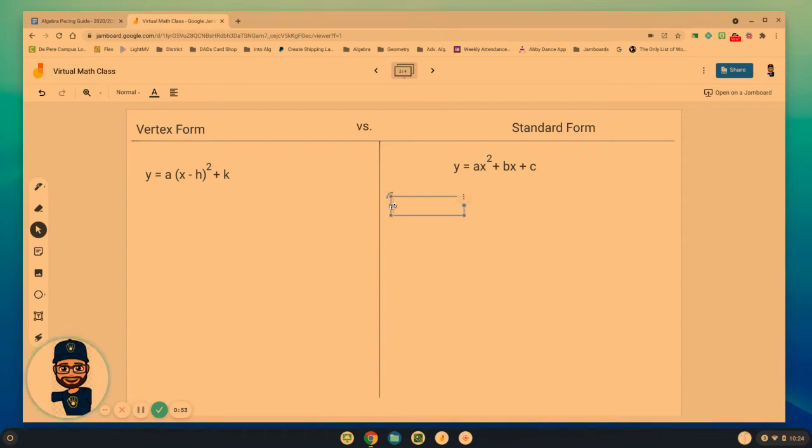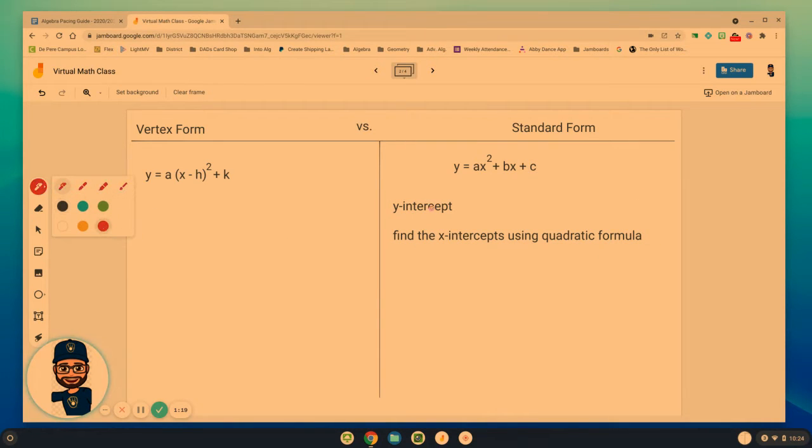If we look at standard form, there are really two main things that it gives us. We have the y-intercept, and we can find the x-intercepts using the quadratic formula. We can find that y-intercept just by looking at that c value.